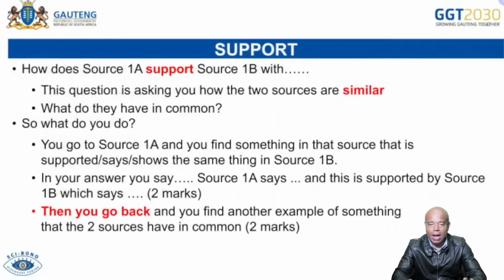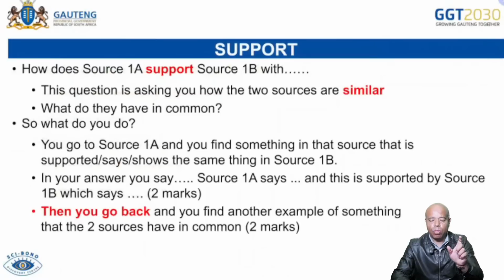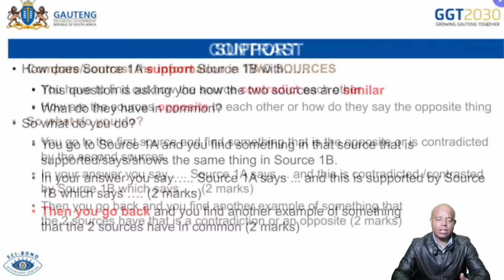So now you have your 2 similarities, and that's how it should be. For instance, if in the visual source they show a gun, and in the written source it informs us that people were carrying guns, then you say both sources inform us that there were guns involved. So the word both can be used when the words are the same. Now let's go to contrast.